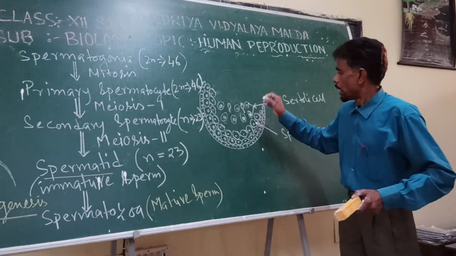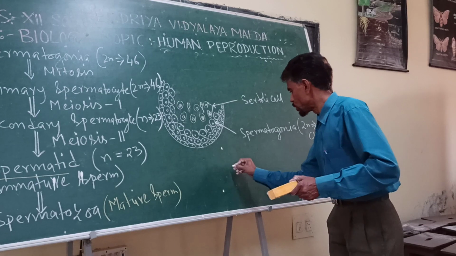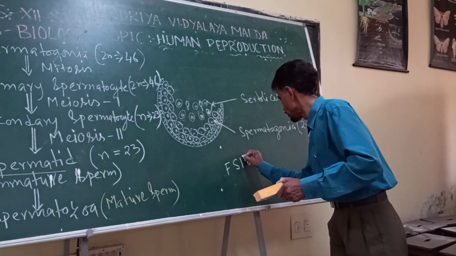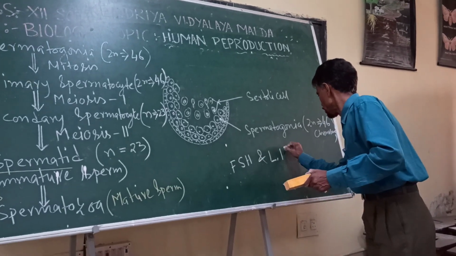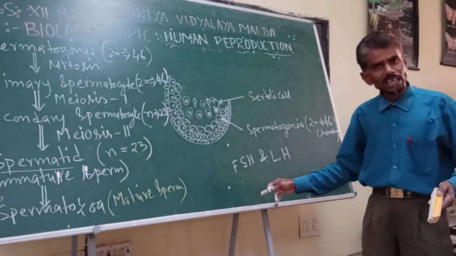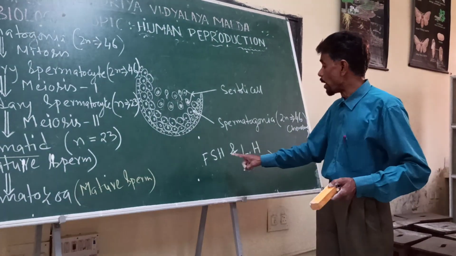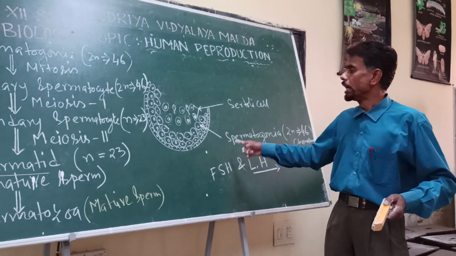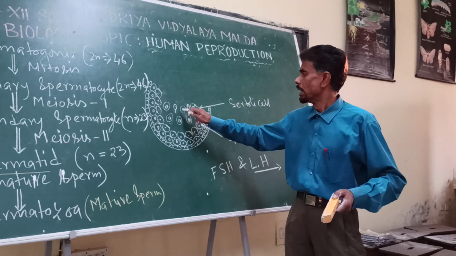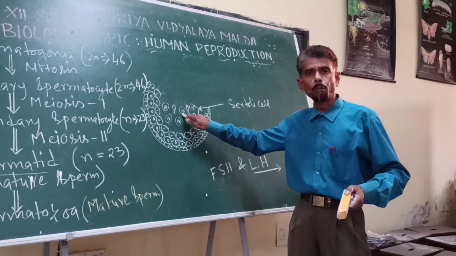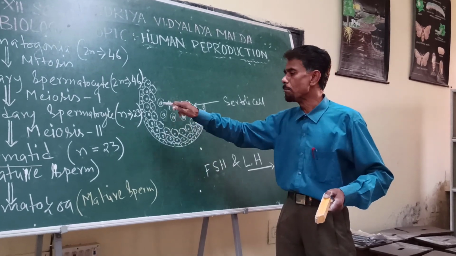Now, I told you about two hormones, one is FSH and the other is LH. It is the luteinizing hormone which helps in the production of testosterone. What is the role of FSH? It will promote the Sertoli cells to produce certain factors which help with sperm maturation.